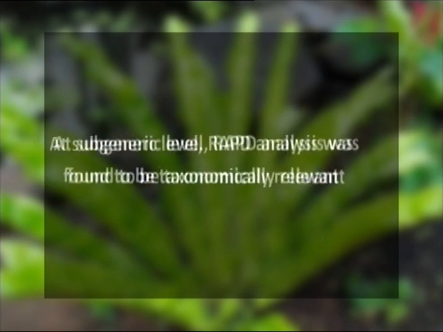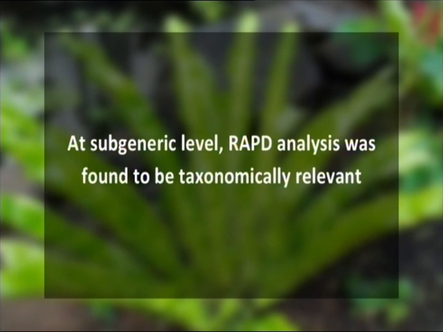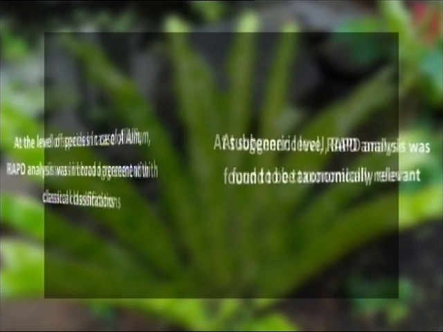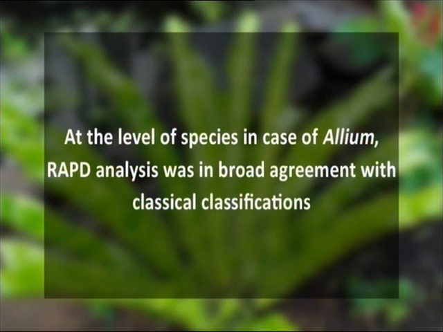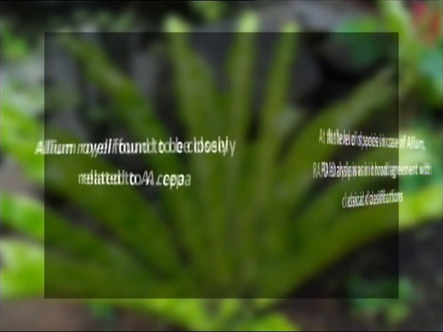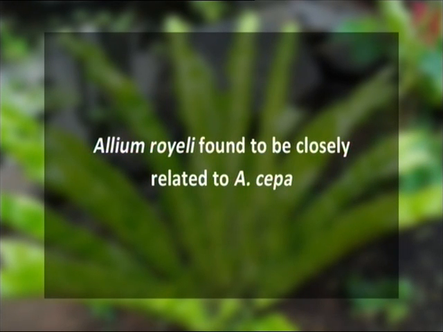In this case, RAPD analysis was found to be taxonomically relevant at the subgeneric level. RAPD analysis at the level of species in case of Allium also was in broad agreement with classical classifications, except that Allium royale was found to be closely related to Allium cepa in contrast to previous work.